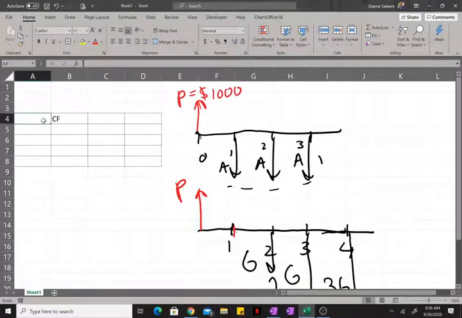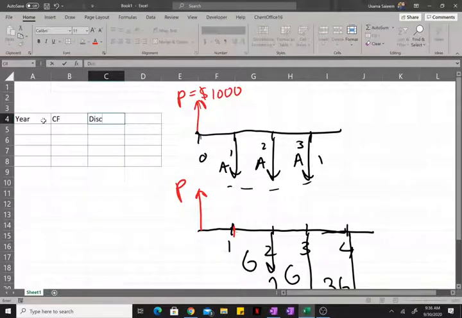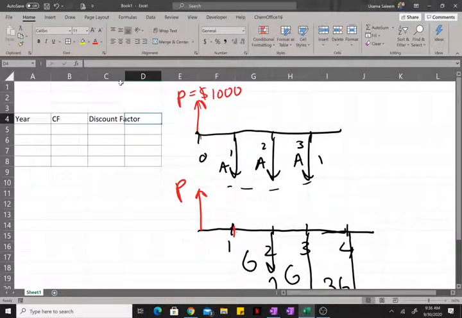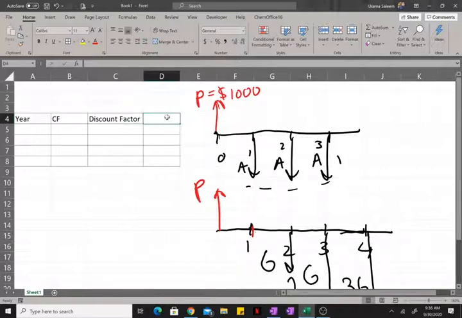So we have the year, the cash flow in that year, the discount factor, and the discounted cash flow in that year. You're starting off from year 0 all the way to year 1, year 2. Just drag it down.